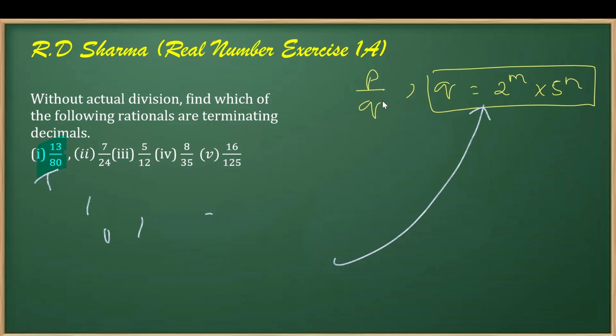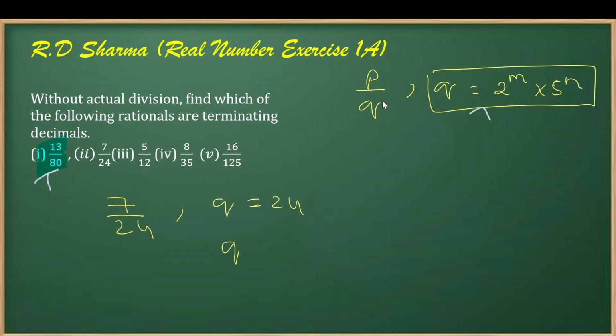Now checking for the next one, it is 7 over 24. If I write 7 over 24, here what is Q? It cannot be reduced, so Q is 24. And prime factorization of Q is, let me write, 2 into 12, 2 into 6, 2 into 3.